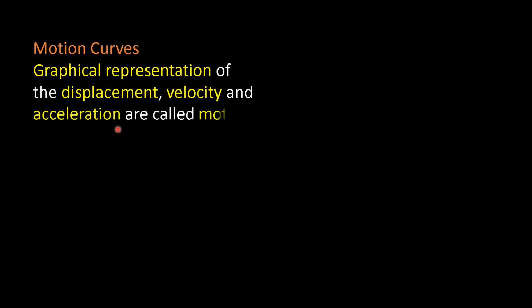Now we will discuss motion curves. For better understanding of change of pattern of displacement, velocity and acceleration with respect to time, we draw their graphs. So, the graphical representation of the displacement, velocity and acceleration with respect to time are called motion curves.